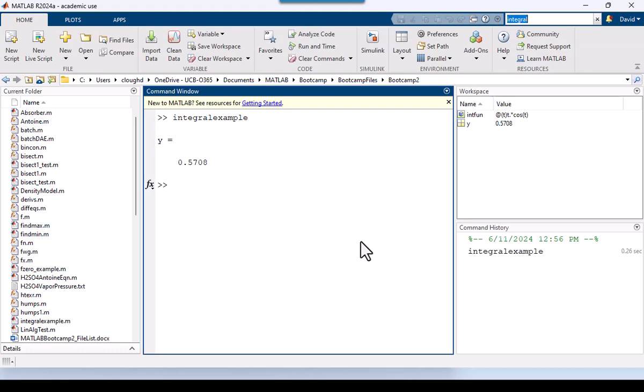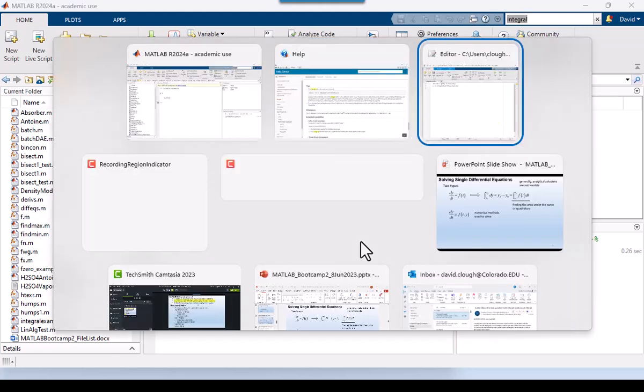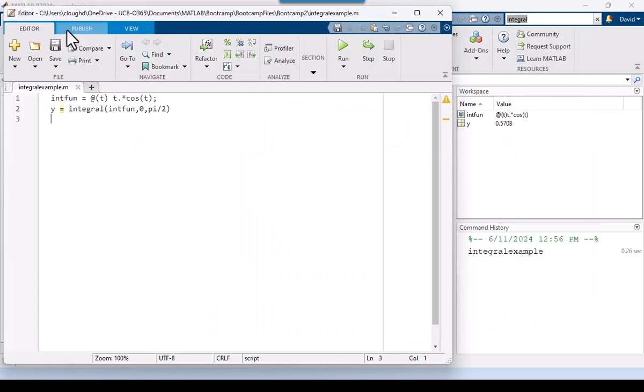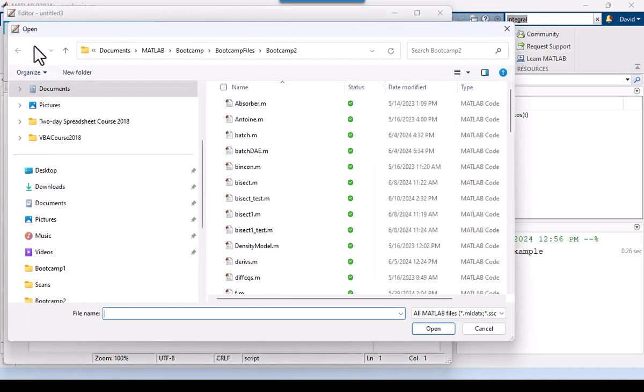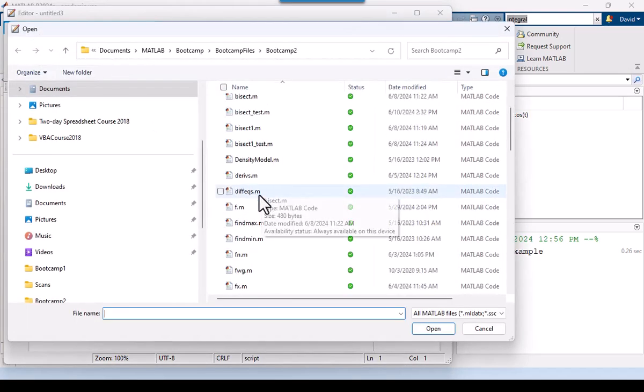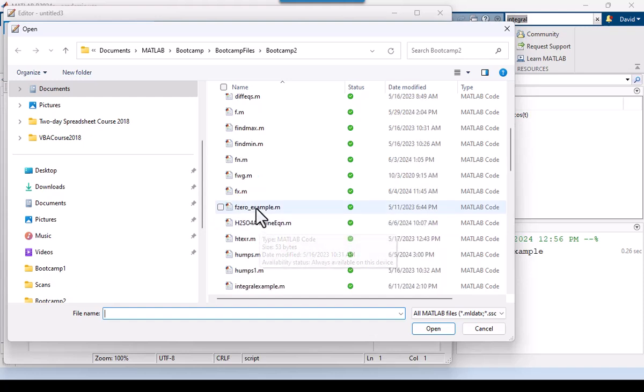And we can come back and do something that is a little more sophisticated here. Let's go back to the editor and develop a new example where we will read in the function. Looks like I don't have it here, so I'm going to have to make it.